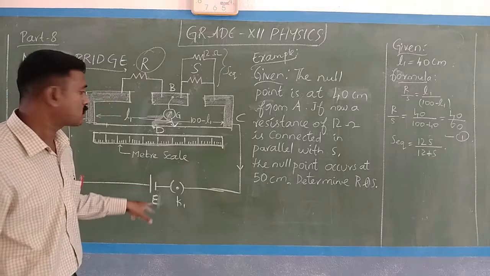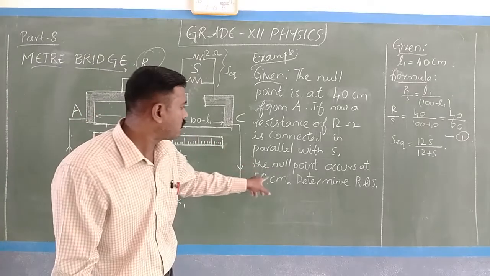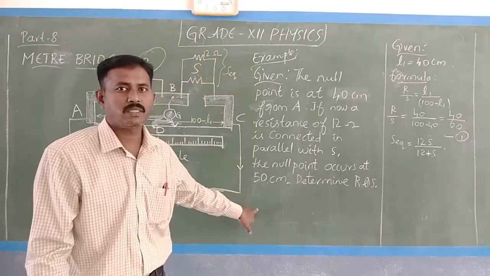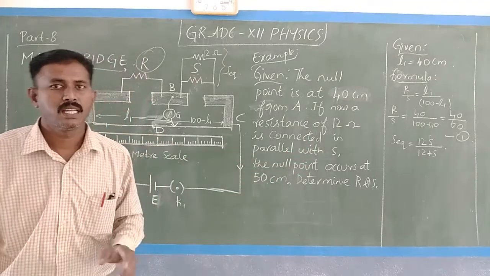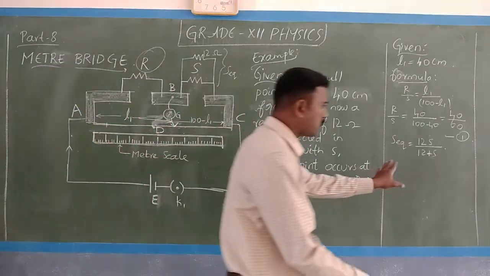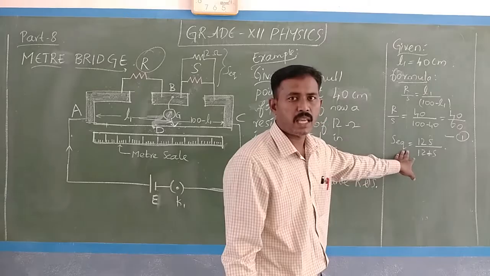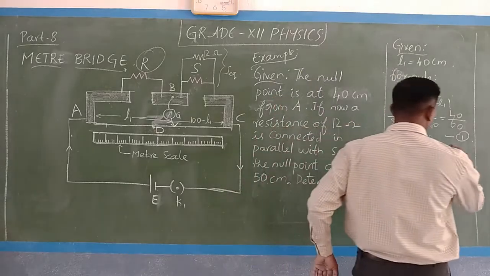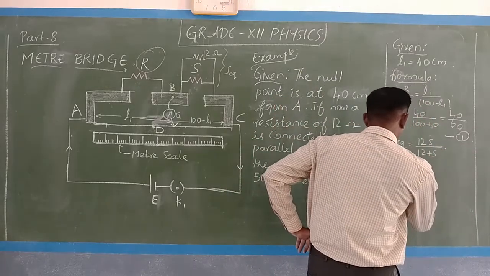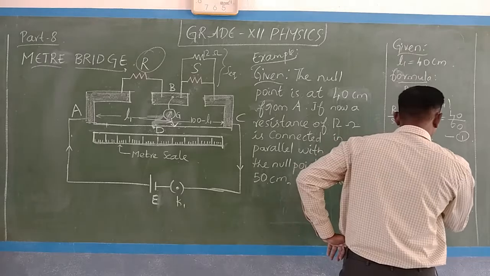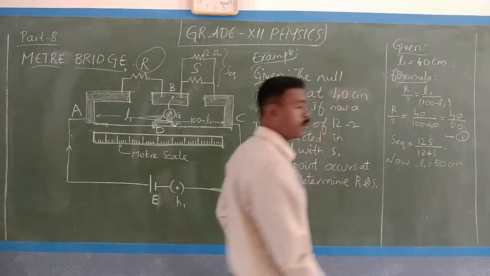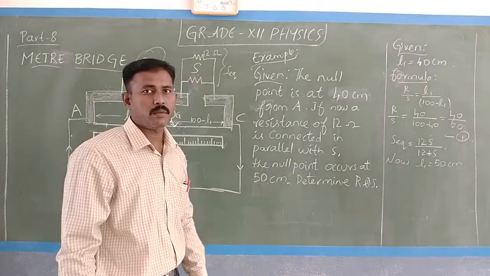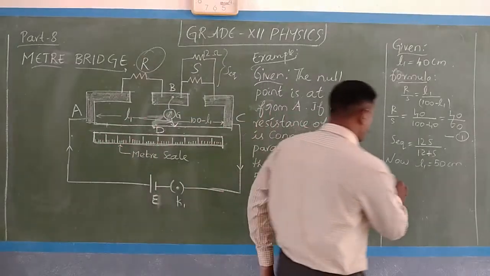Then what happens is, if it is connected, the null point occurs at 50 cm. The L1 value is changed. So now after this condition, L1 equal to 50 centimeters. So what is the formula?